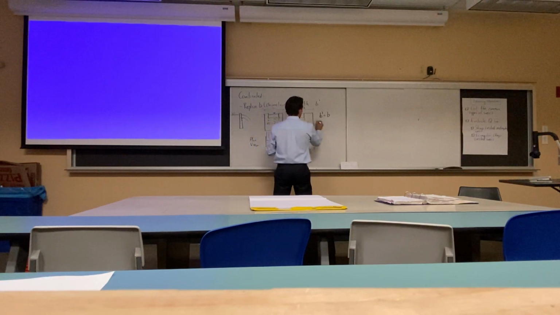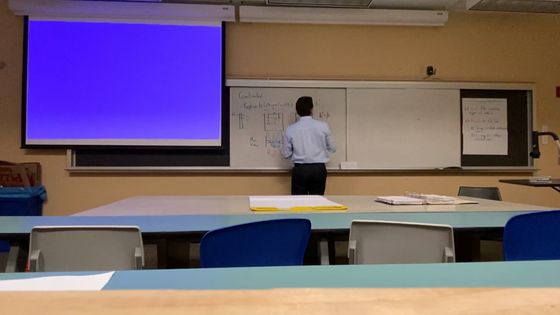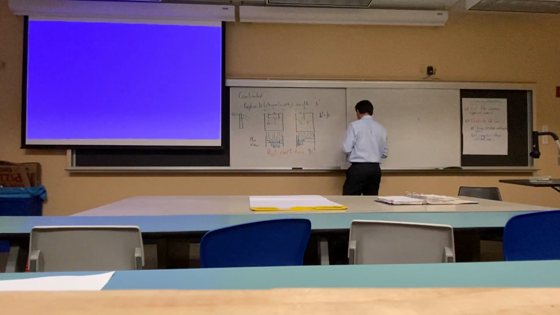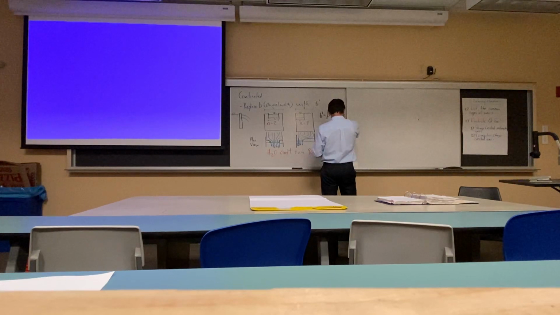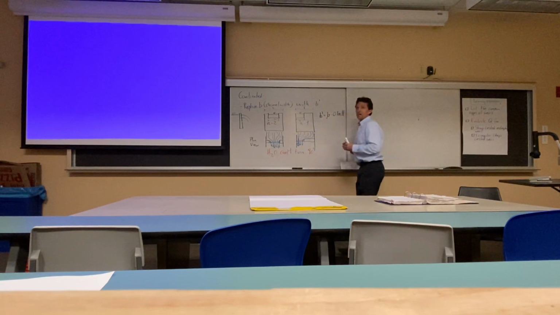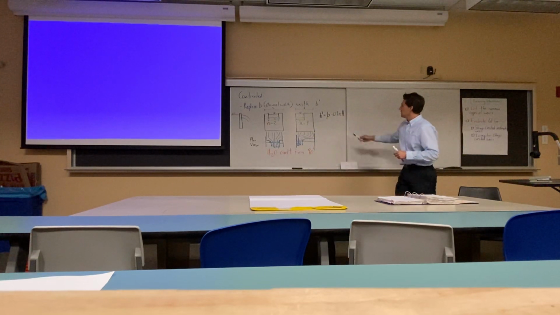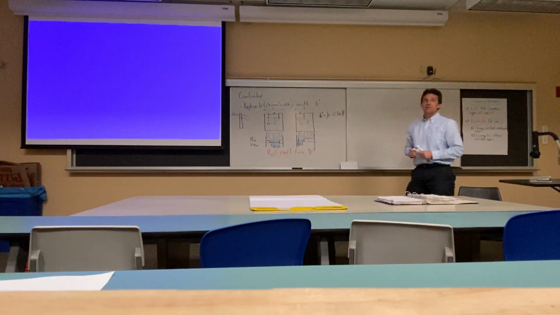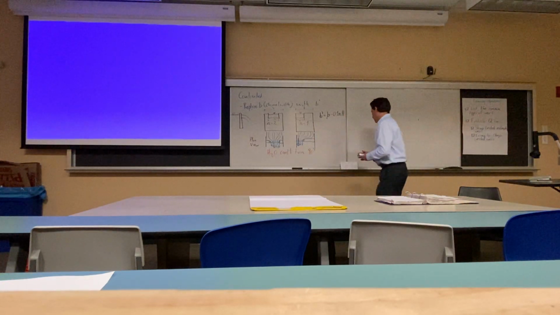It's the actual width of the weir opening, minus 0.1 times N times H, where H is the head over the weir crest, and N is just how many contractions you have based on the type of weir that you're dealing with.